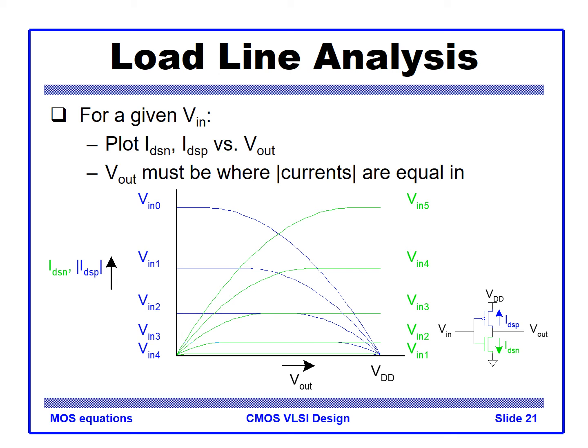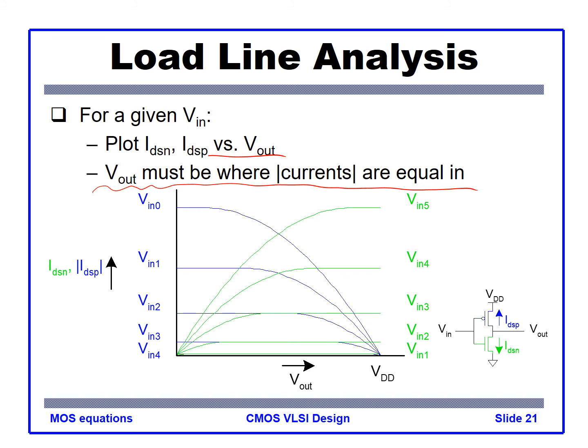Again, for a given input, we can plot the IDS for the PMOS and NMOS versus Vout, so we can find the Vout. Vout must be where the currents are equal for the pull up and pull down.